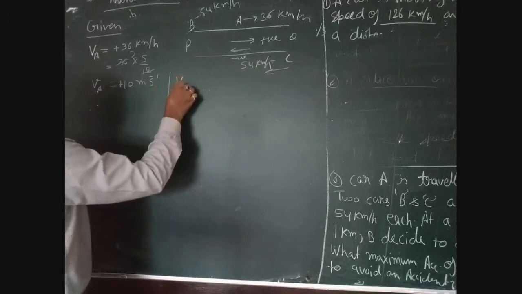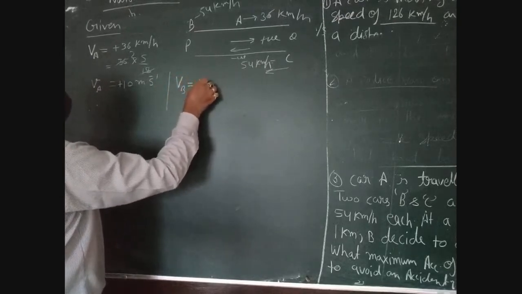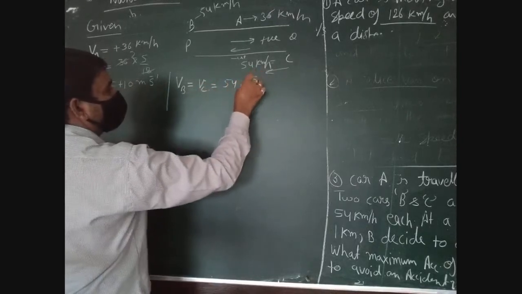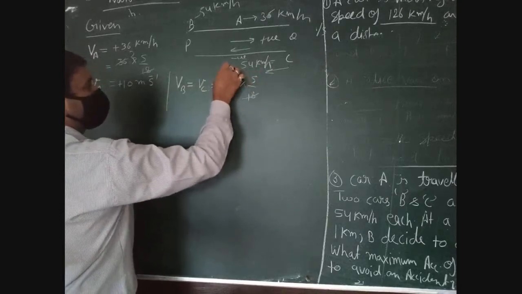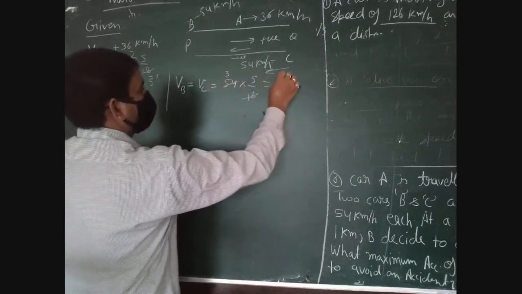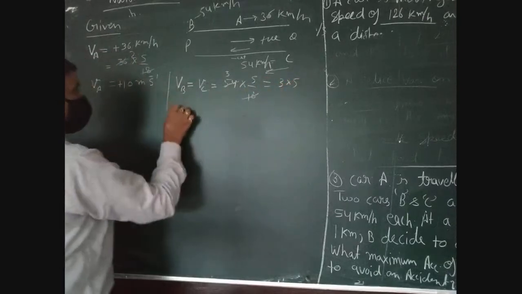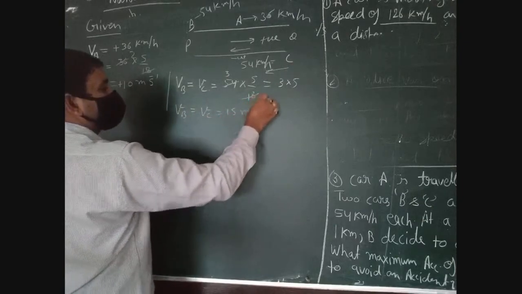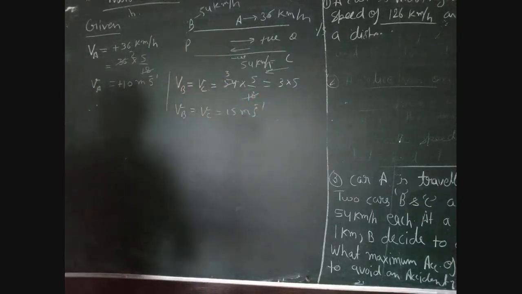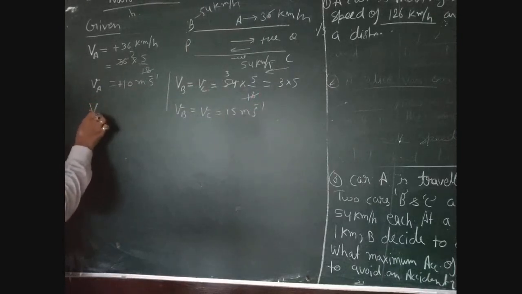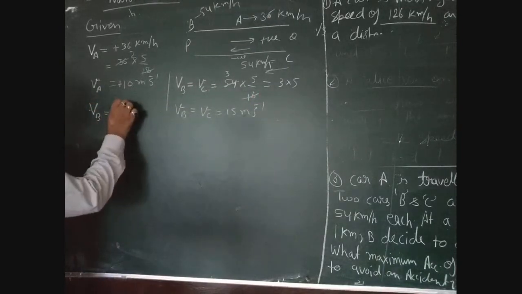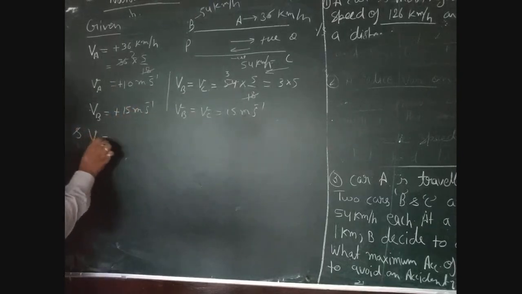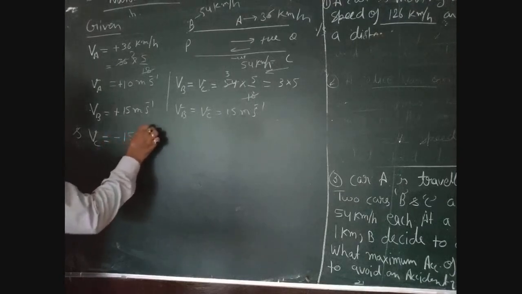Then the speed of car B and car C is equal to 54 into 5/18. This cancels by 18 three times, it will be 3 into 5, that is VB equal to VC equal to 15 meter per second. But according to direction, VB is plus 15 meter per second and VC is minus 15 meter per second.